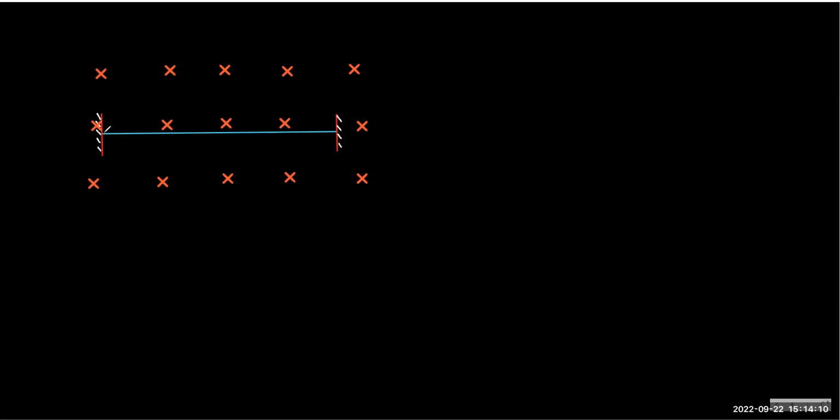And let's see, if I draw some wave which is something like this, with a lot more symmetry.